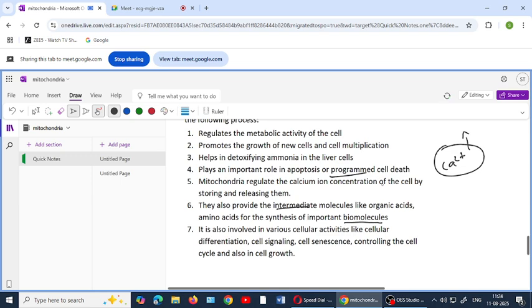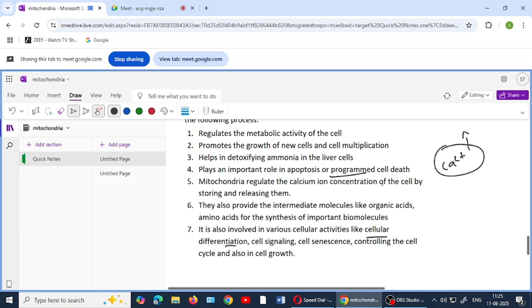What are biomolecules? Do you know biomolecules? Carbohydrate, nucleic acid, lipids, proteins. These are the main biomolecules. Okay, so these biomolecules are produced with the help of mitochondria, and it is also involved in various cellular activities like cellular differentiation. What is cellular differentiation?